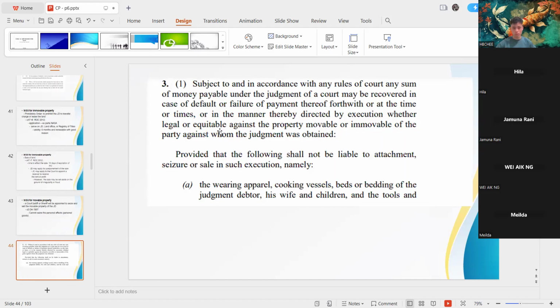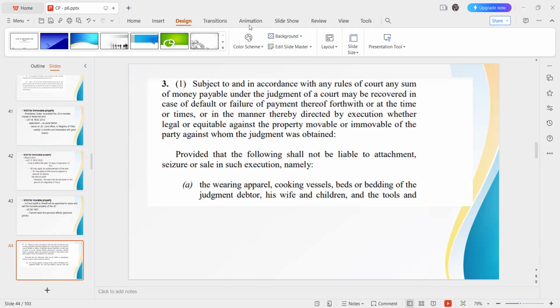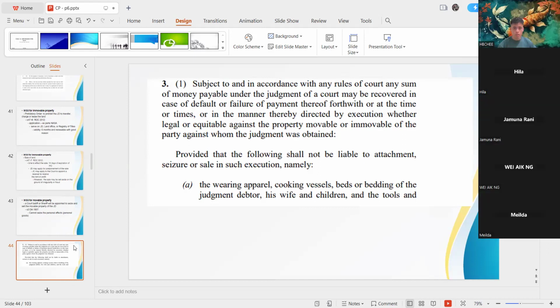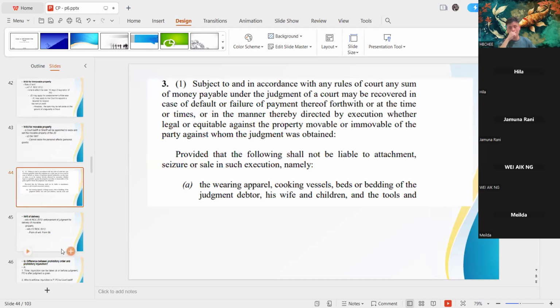As for the reason why personal goods cannot be seized, what comes to my mind is that if you seize this kind of thing, you are committing a certain offense.